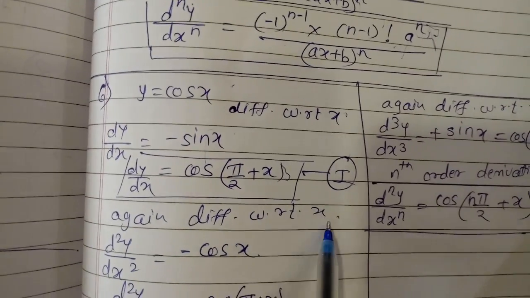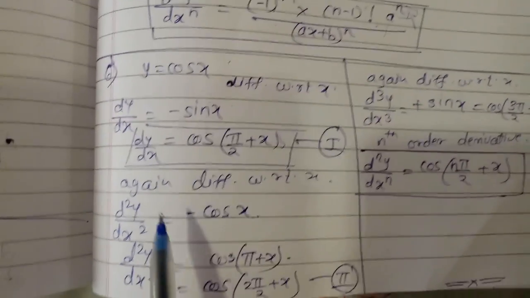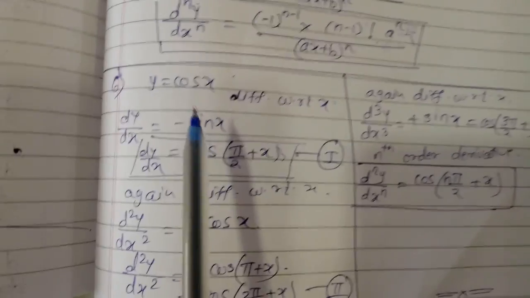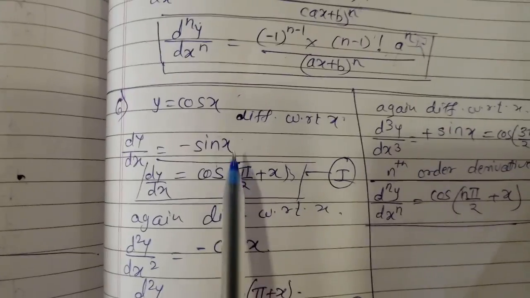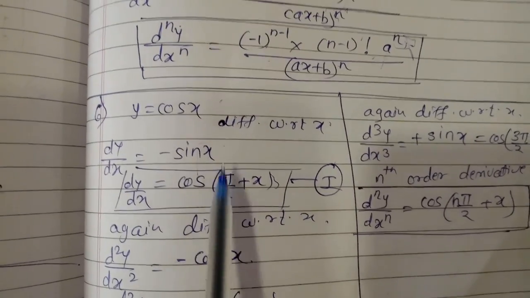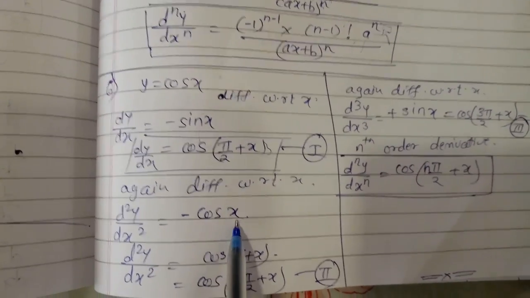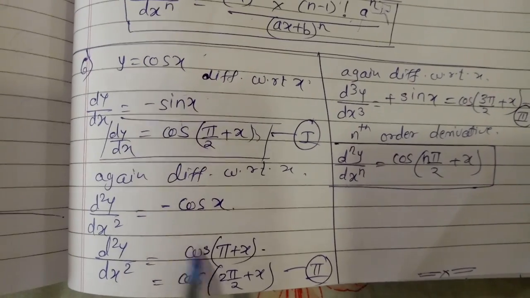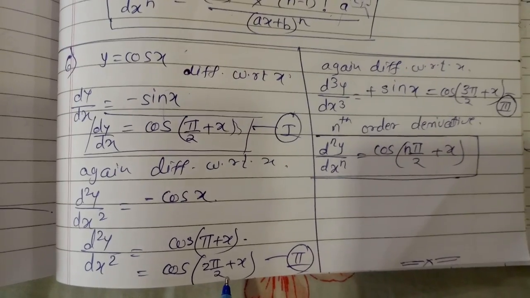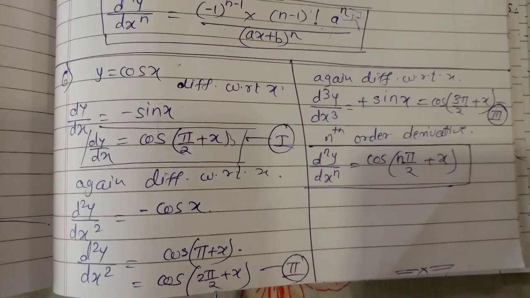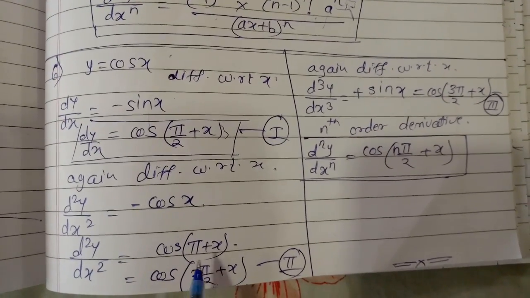Again differentiating with respect to x, the derivative of sin x we wrote, the minus sign stays as it is, and to find the derivative I took this form. So the derivative of sin is cos x. So this is my second equation and I am going to write it in the trigonometric function form, that is d2y by dx squared is equal to cos(pi plus x), or we can write it this way, that is cos(2 pi upon 2). Because the equation here is in the form of pi by 2, if we want to write it in pi by 2 form, we write pi by 2.